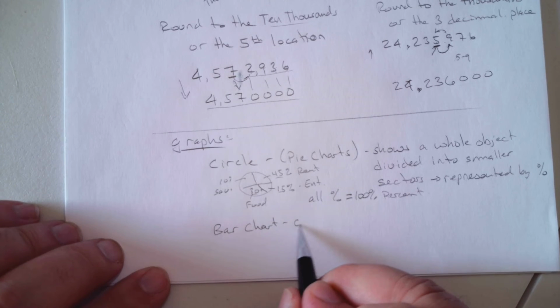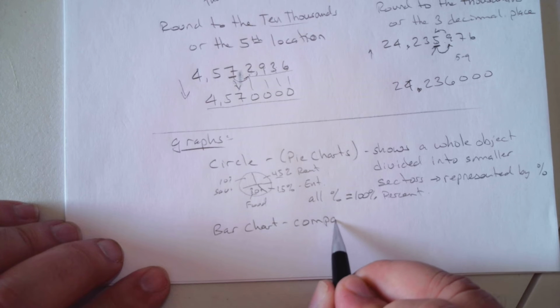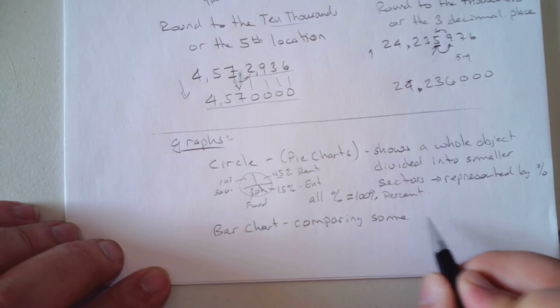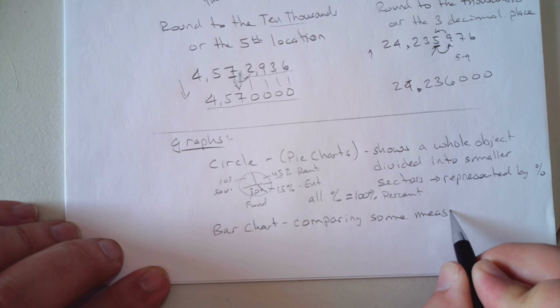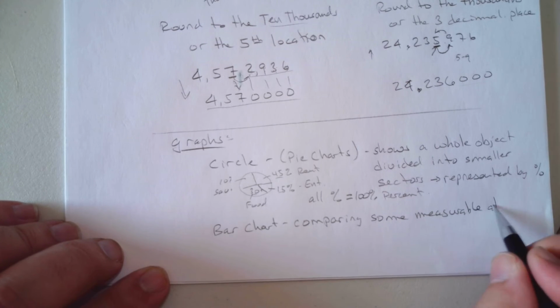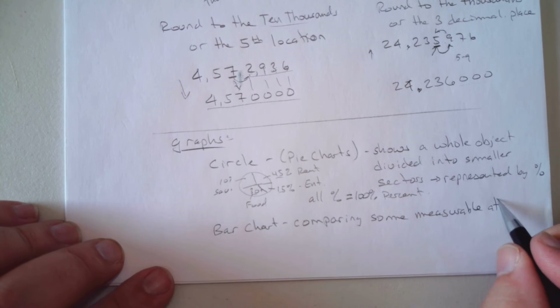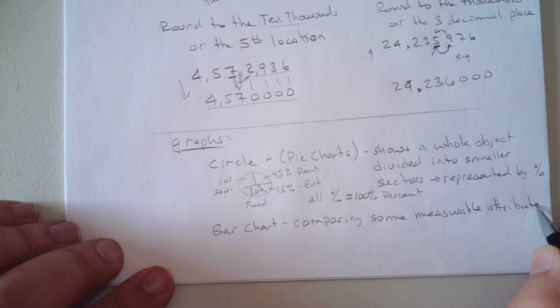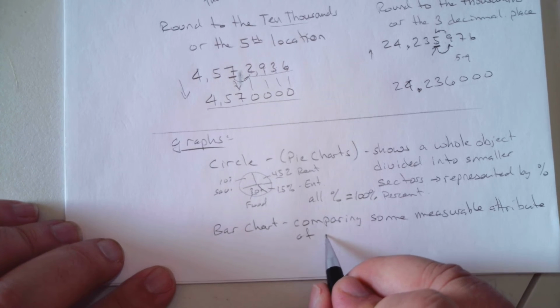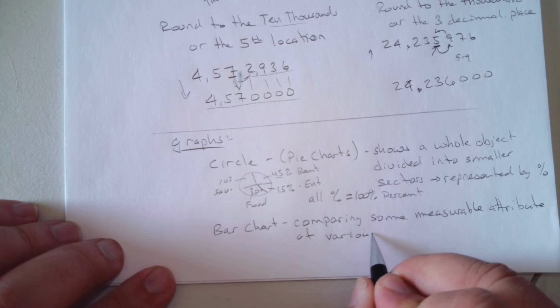Bar chart is a way of comparing some measurable attribute or aspect of various items.